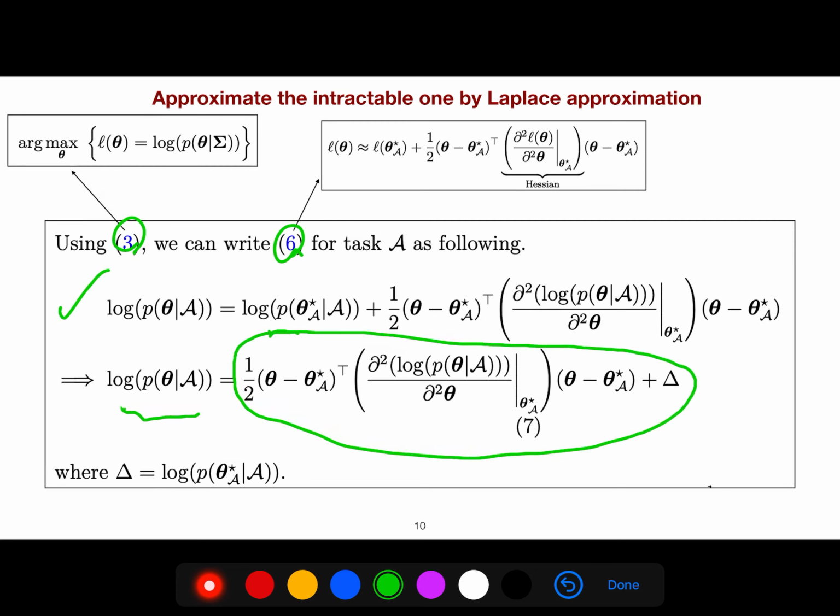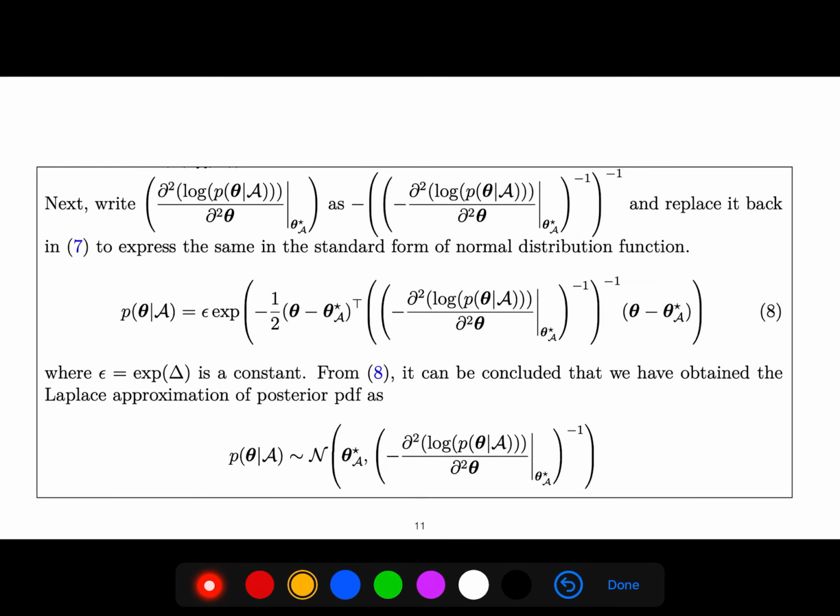And you say that this term, log of p theta conditional A, is just a term delta. And next we write this as minus 1 times minus 1. It is still this one. But the reason that we write like that is because we know that we have a mean, the normal distribution. The Laplace approximation is just a normal distribution. That means this, and this is your variance. But variance has this interesting shape.